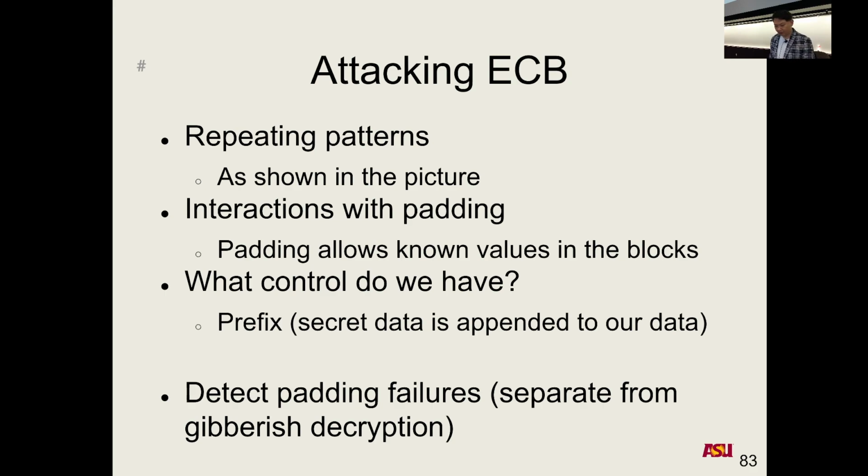And the third one, yes, the prefix control. Actually, in the model 5, if the attacker can control the prefix or prepend some data to the plain text, they can manipulate the structure of the plain text to exploit some vulnerabilities in ECB mode.